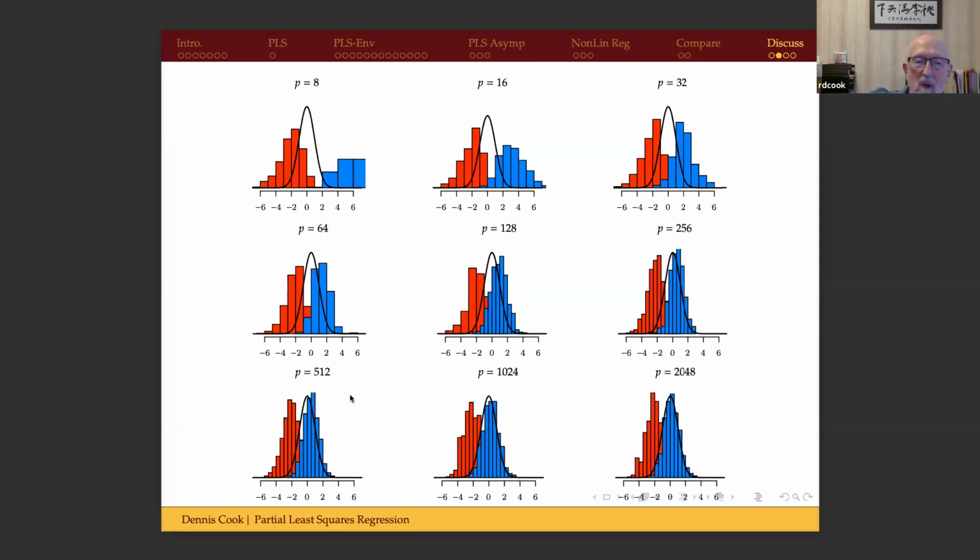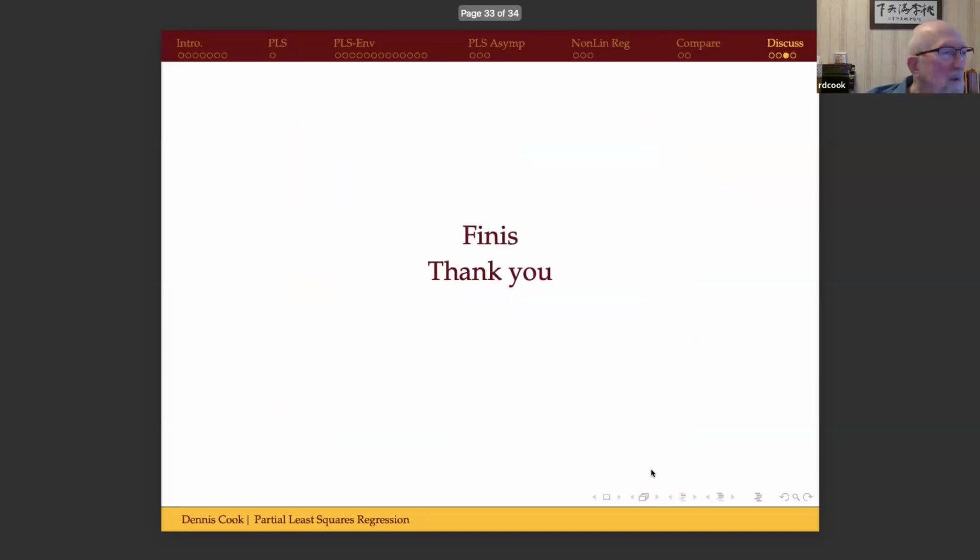And if you look down the plots, you see that by the time you get to 2048 predictors with a sample size of 1024, the convergence is really pretty good. The red confirms that we're on the right track. So I think that's it. Thank you.